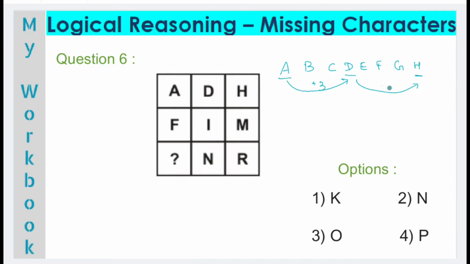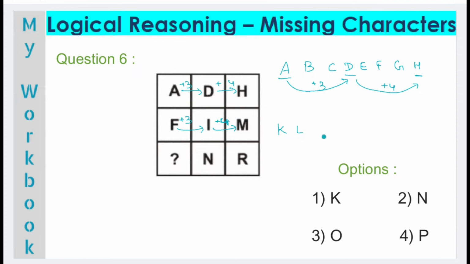We can say D plus 4 gives us H. So A to D, it is 3, and D to H, the difference is 4. Similarly, between F and I, the difference is 3, and between I and M, the difference is 4.